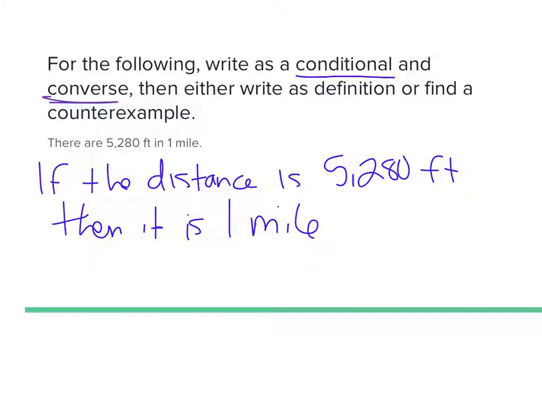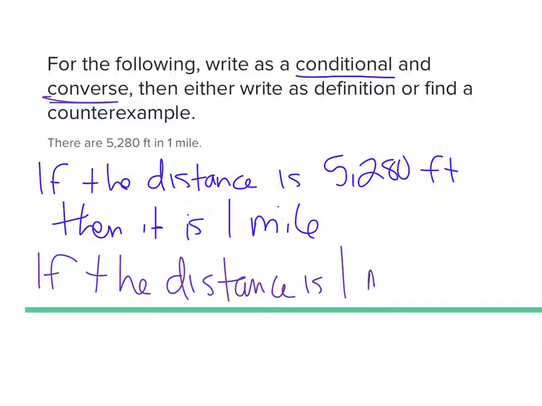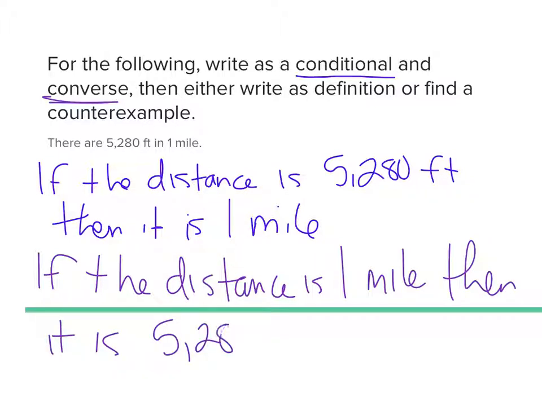If I look at the converse, converse means flip it around. If the distance is 1 mile, then it is 5,280 feet.